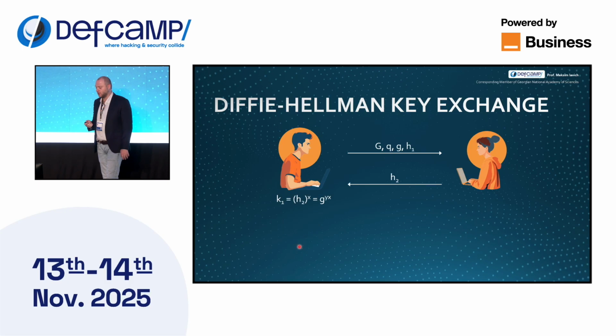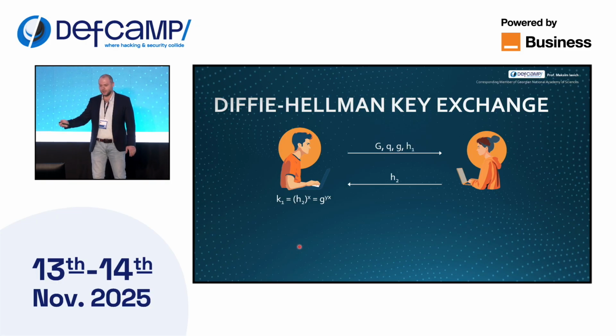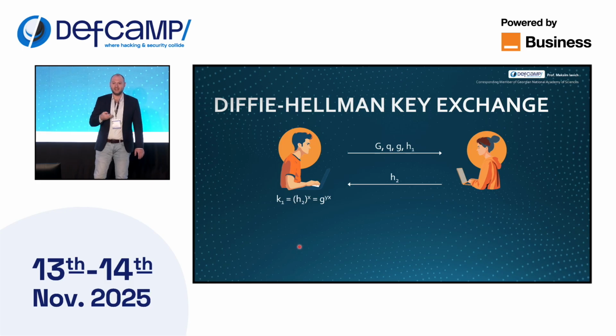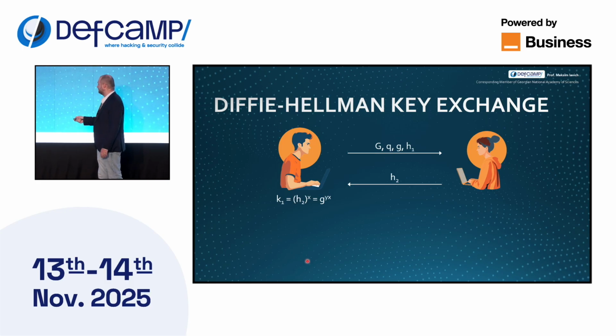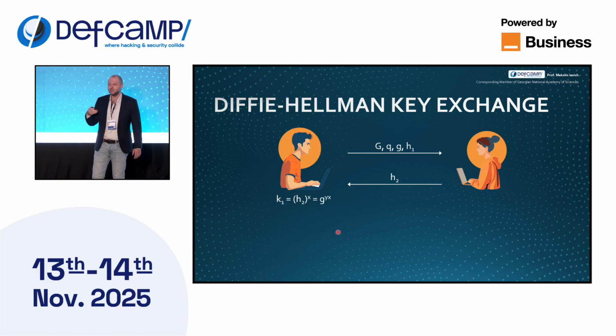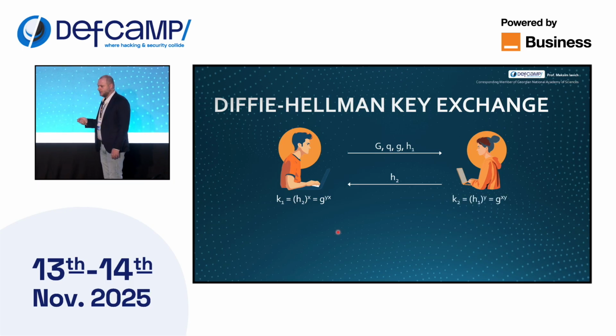Bob has H2, which was sent by Alice. He has X. He raises H2 to the power of X and gets G to the power of XY. What does Alice do? Alice has H1.